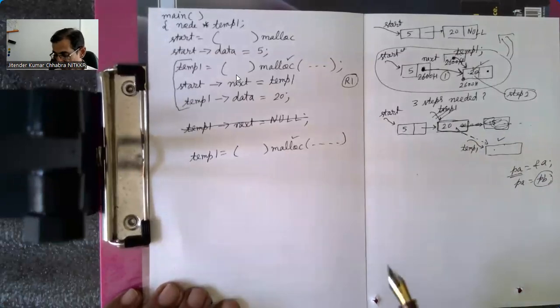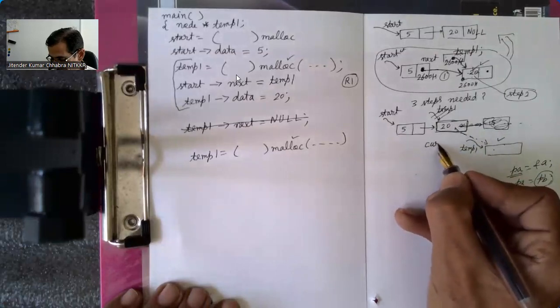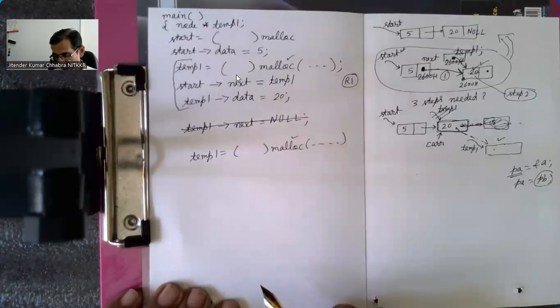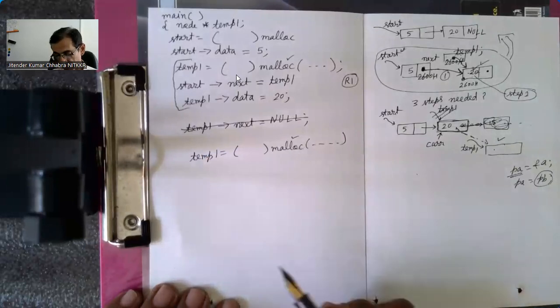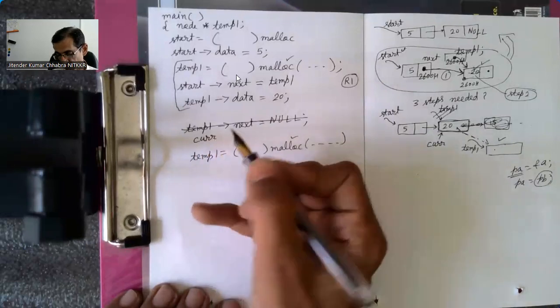So what I say is, let's take another variable, current. So that every time I keep current at the present node and the next node will always be temp1. So current is taken as another node.